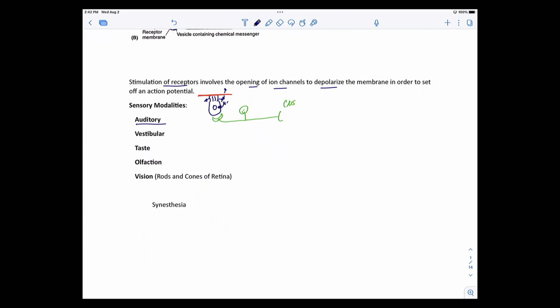It could be sodium, could be potassium, etc. But you have a movement of ions that causes a depolarization, and you have these little vesicles here. When the hair cell is depolarized, it releases neurotransmitters. They bind to the receptors there, and now all of a sudden I'm having action potential frequencies going down that sensory neuron.